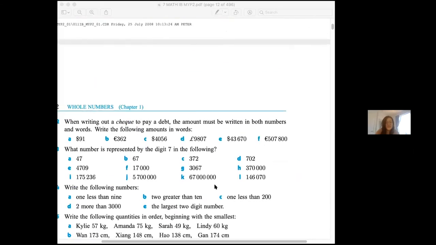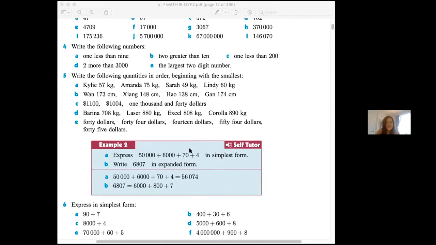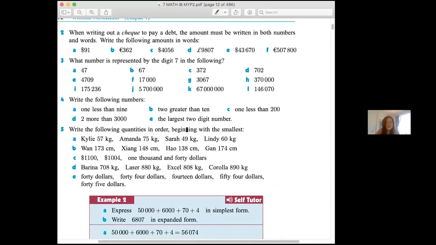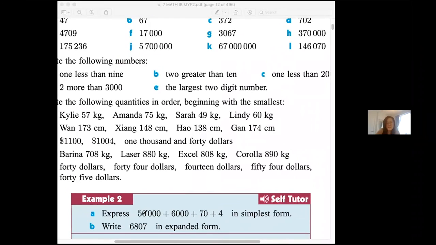Those are a bit straightforward questions. Now let's move on to example 2. If it's 50,000, then we put 5 for the fifth place counting from the right, 6 for the fourth from the right, and then 74. We're missing the hundreds, so there is going to be a 0 for that place. So 2A is 50,674.